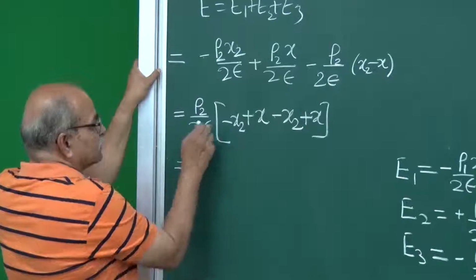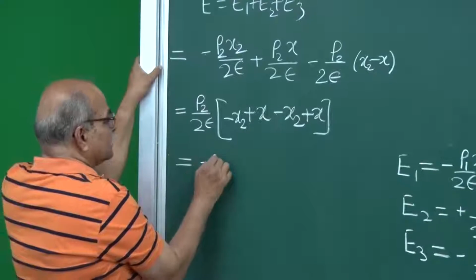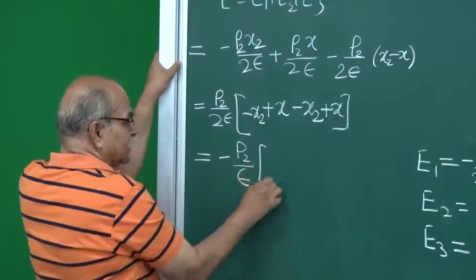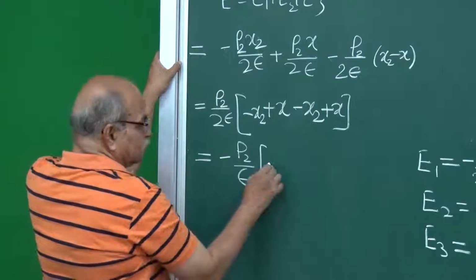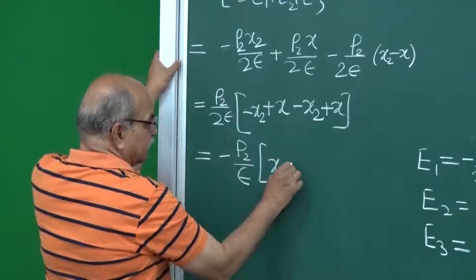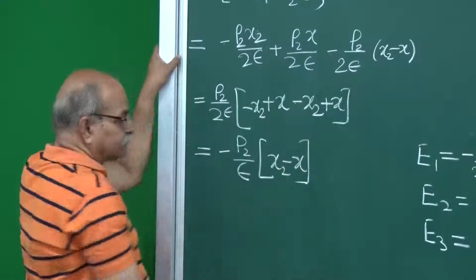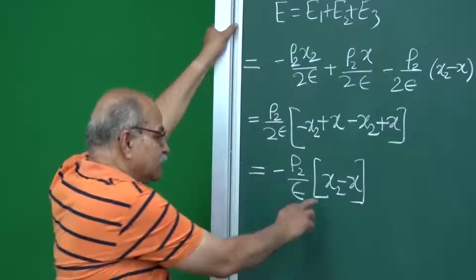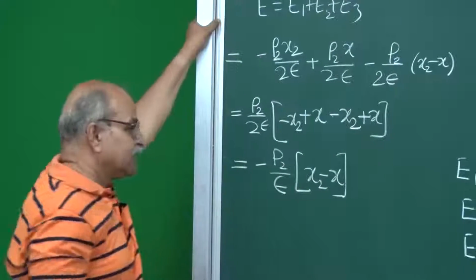So you can put the minus sign outside, minus rho 2 over 2 epsilon, because that 2 can cancel. And then you have x2 minus x. Since x2 is greater than x, that's why I am writing x2 minus x and a minus sign here.